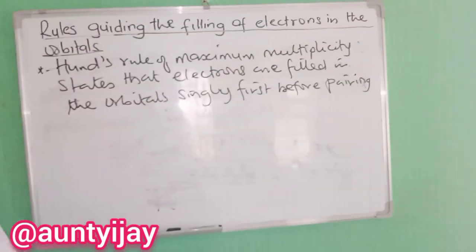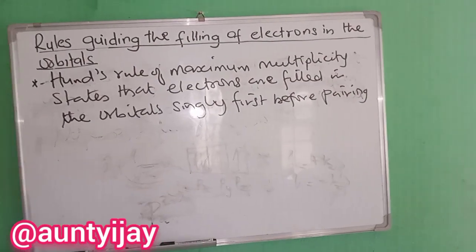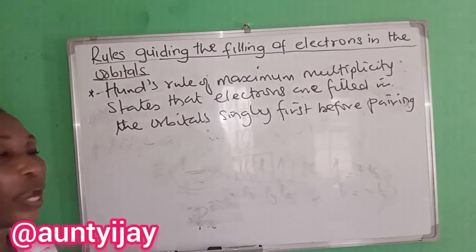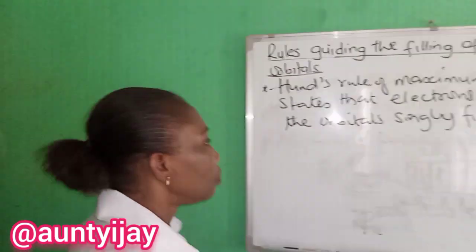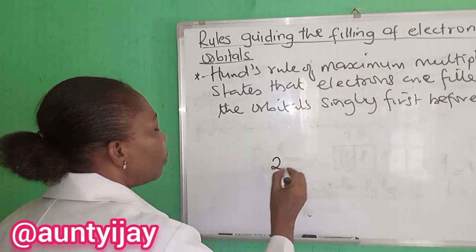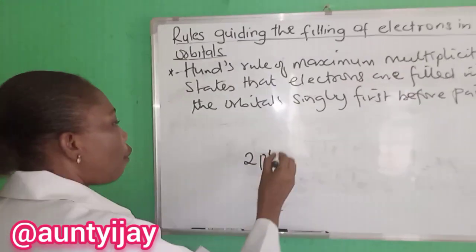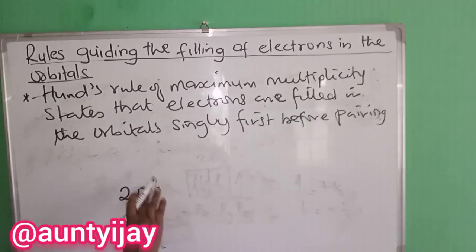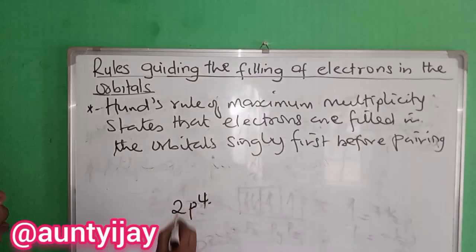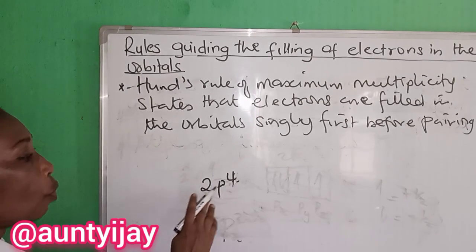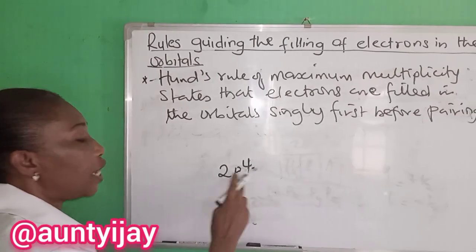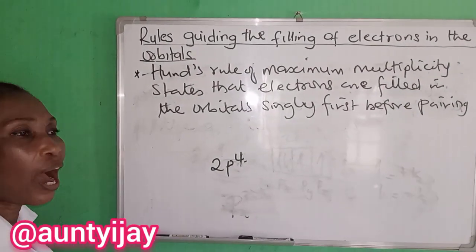Take the 2p orbital or 3p orbital. P orbitals will illustrate this very well. Say if we have 2p4. If we have in shell 2 orbital p containing 4 electrons, how do we fill it?